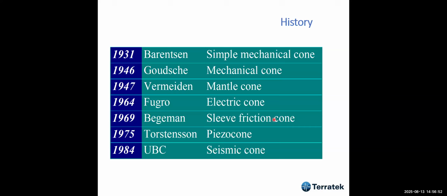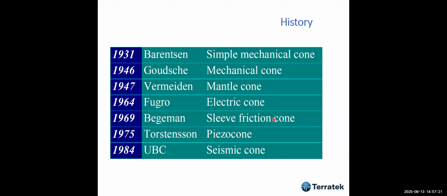In 1946, just after the war, the Hoytse Machinefabriek in Holland developed a mechanical cone. In 1947, the mantle cone that we use. In 1964, Fugro developed the electric cone, and Begemann in 1969 developed the friction cone.